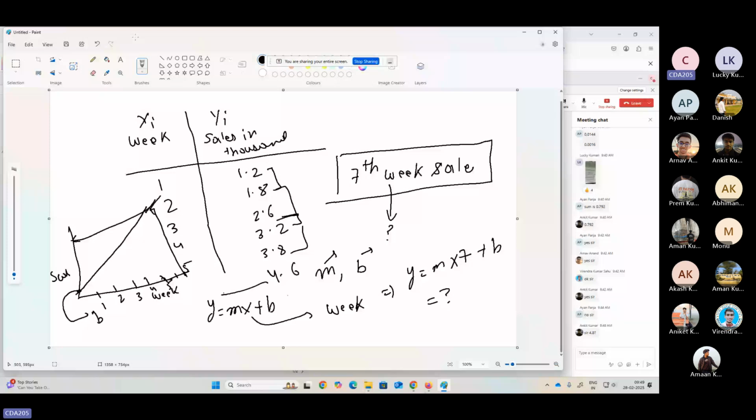So I think around 1.2 will be the 7th. Around this it will become 5.2 around, I think so. I have not done the calculations. I'm just assuming that around 5.2 the value will come. Let's see what the others are getting.